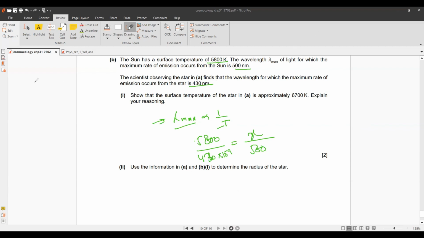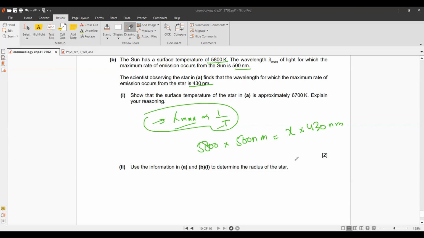Or you could also write it like this and you could rearrange it. The choice is yours. 5800 into 500 nanometer equals to, we do not know the temperature, into 430. I just showed you that you could use it like this.